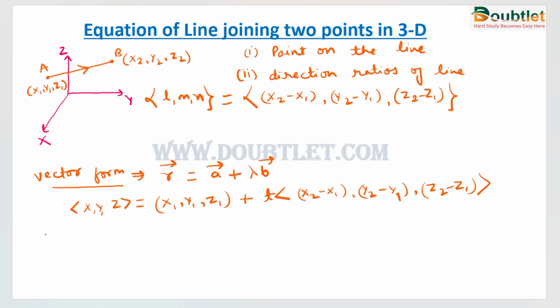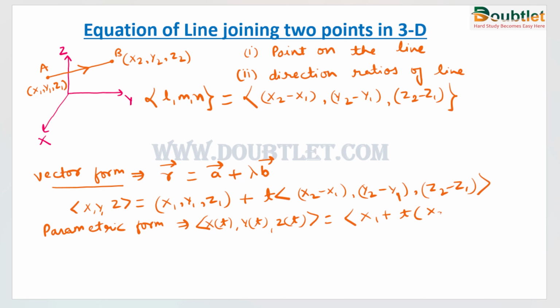If we need to write the parametric form, we can write this as x(t), y(t), z(t), because all the variables are in the form of t. Then we can write x as x1 plus t times x2 minus x1.